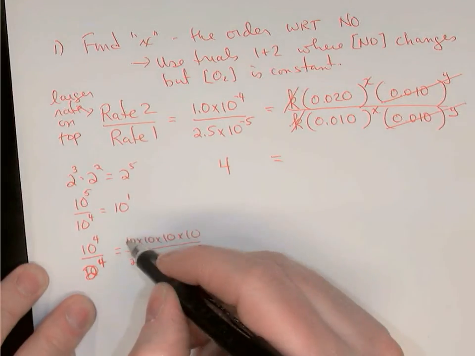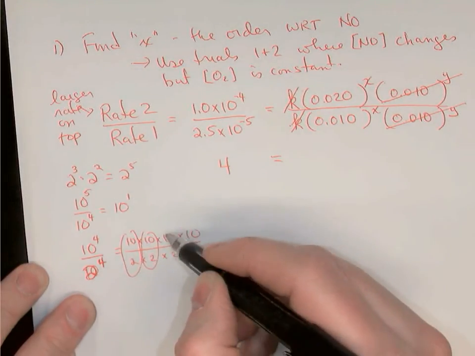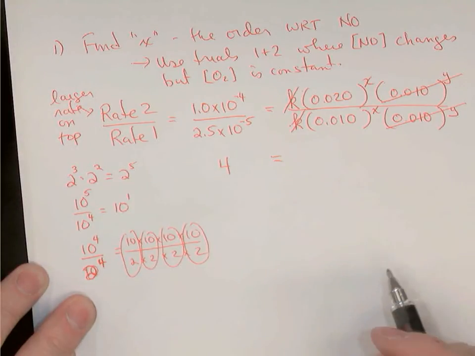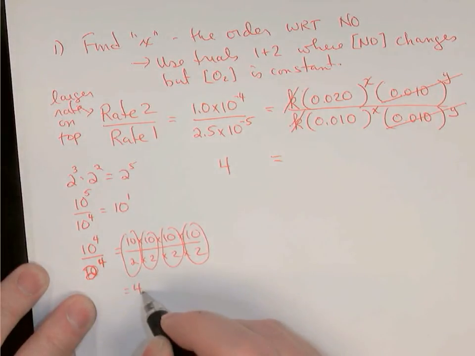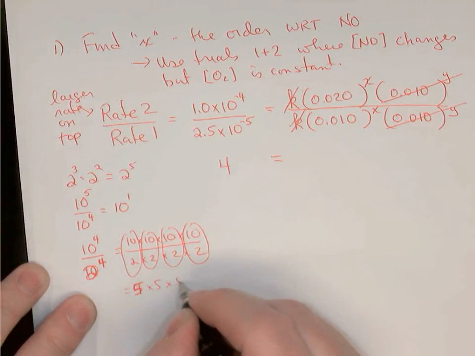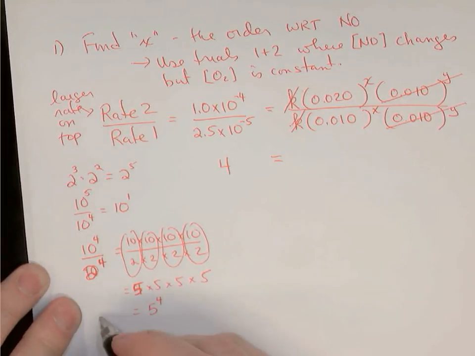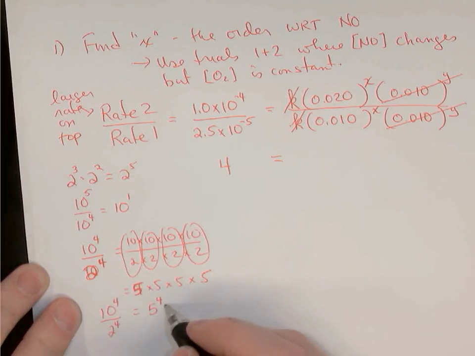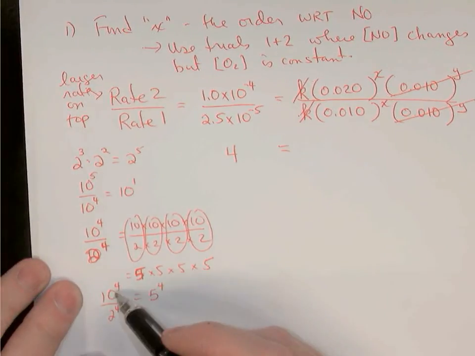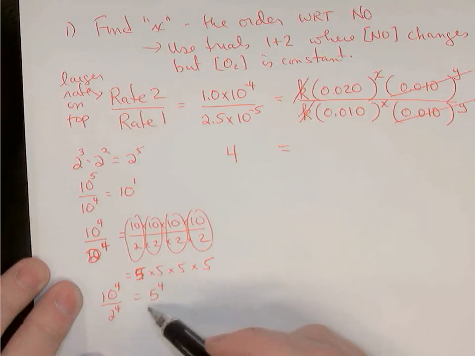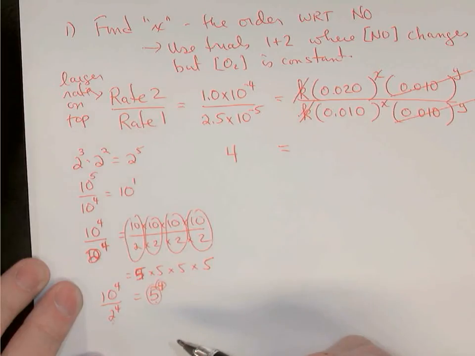And notice now we could group this as 10 divided by 2 times 10 divided by 2 times 10 divided by 2, etc., which means that has to equal 10 divided by 2 is 5, times 5 times 5 times 5, which is 5 to the power of 4. So what we're basically saying is 10 to the 4 divided by 2 to the 4 is 5 to the 4. And here's a rule you probably haven't seen before. When you divide powers with different bases but the same exponents, you simply divide the bases. 10 divided by 2 is 5, while you keep the exponent the same.